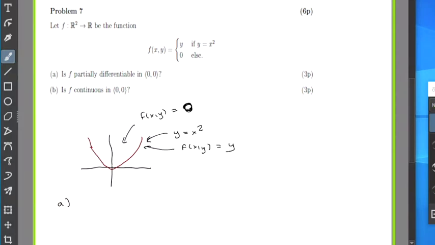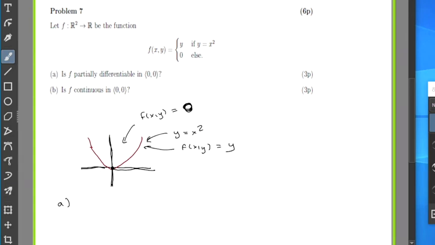Because when you look at continuity and such things, you need to see what happens when you go away from the point in any direction. You can't only look at what happens when you move along this curve or when you're moving in the complement of the curve.